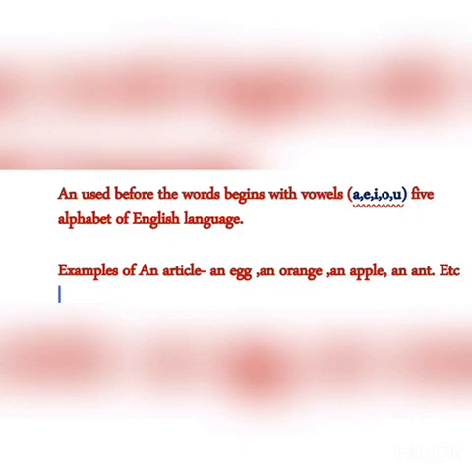And what are the 5 vowels? A, E, I, O, U. Examples of an are an egg, an orange.